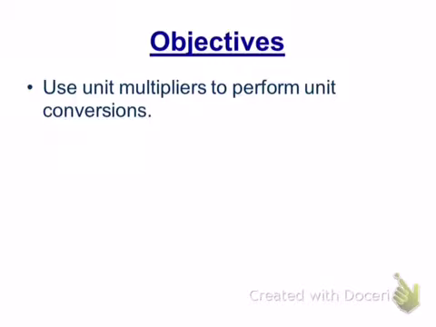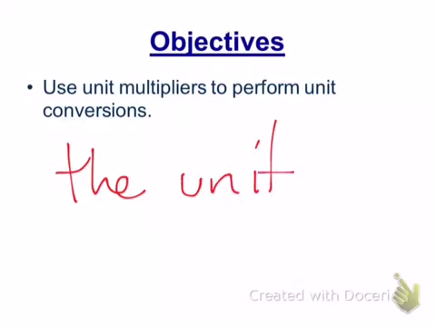Now let's talk about this just a little bit. In mathematics, what is the unit? Does anybody remember Randy Johnson, Major League Baseball pitcher? He's like 6'5". He was an amazing pitcher. They called him the Big Unit.